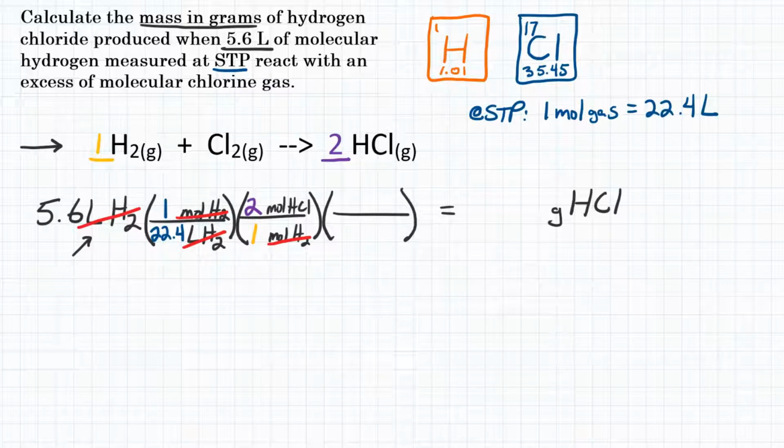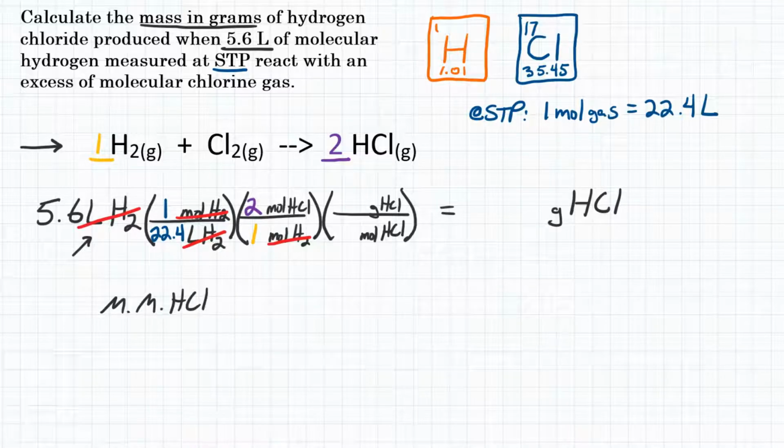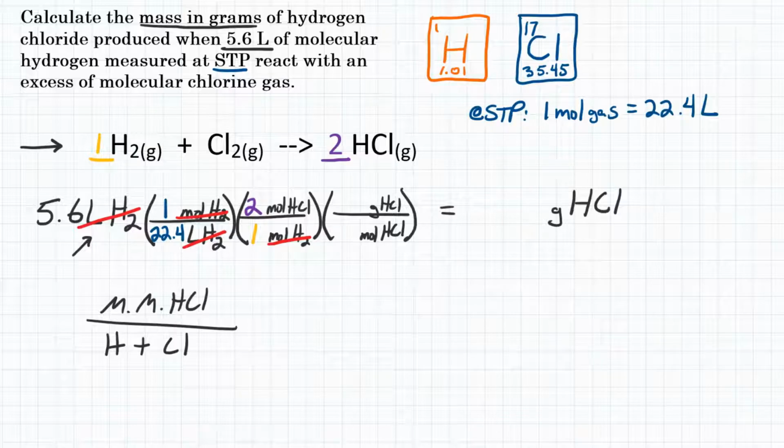So in our final step, we'll take those moles of HCl and convert to grams of HCl. And to do that, we need the molar mass of HCl. So for the molar mass of HCl, we're going to take the molar mass of hydrogen and add the molar mass of chlorine, because it's just HCl, 1 H and 1 Cl.